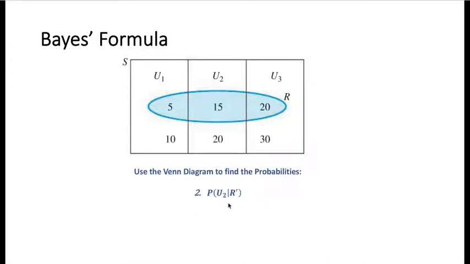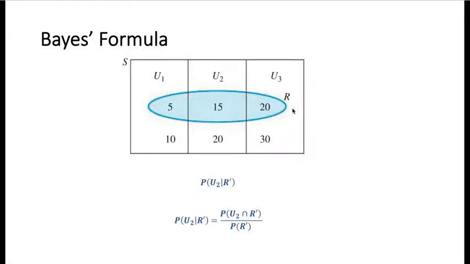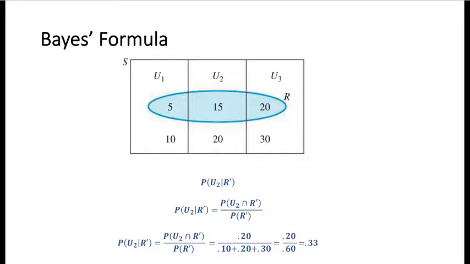Find the probability of U2 given R complement. Pause the video right now and see if you can get the answer. All right, the formula is the probability of U2 and R complement divided by the probability of R complement. Did you get 0.33?